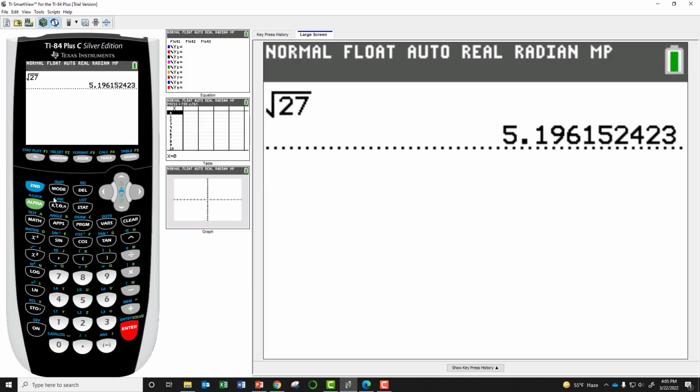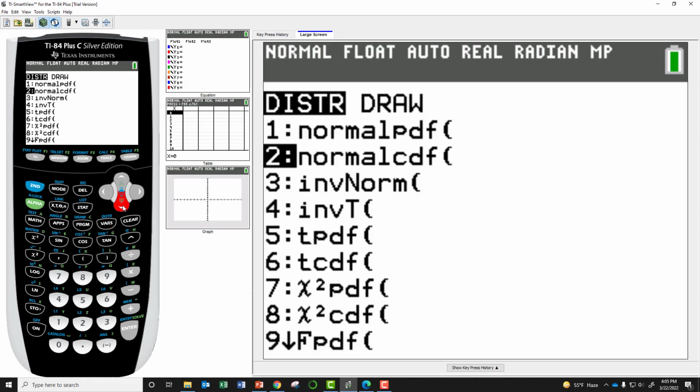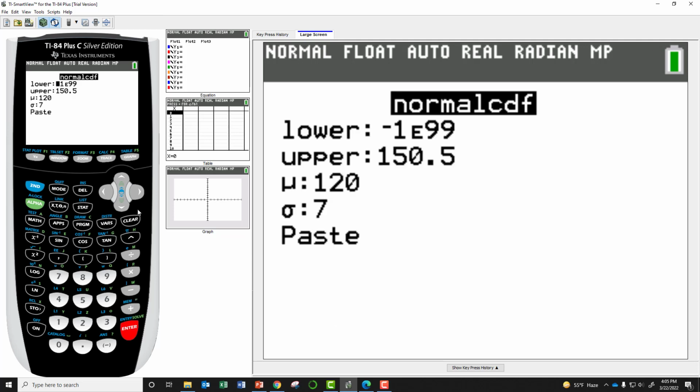So that's what I'll do here. 1 minus second VARS, the normal CDF, evaluated at 279.5 with mean, what was my mean? 270? And standard deviation 5.2.